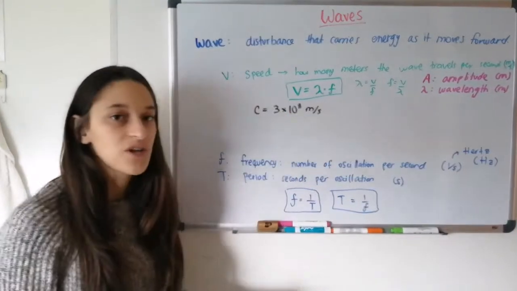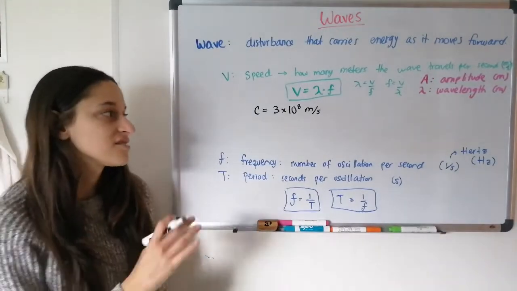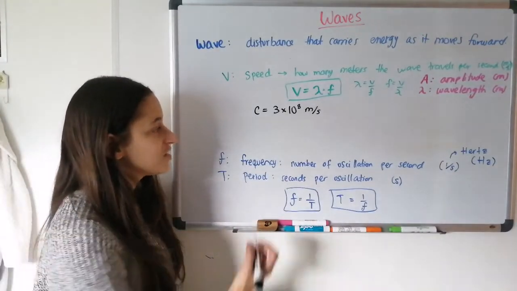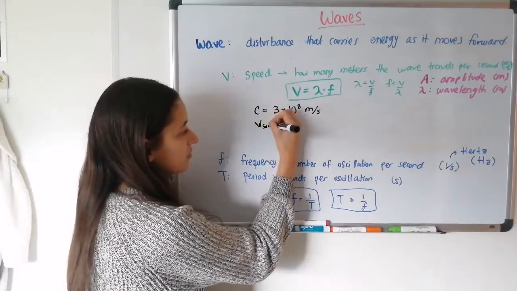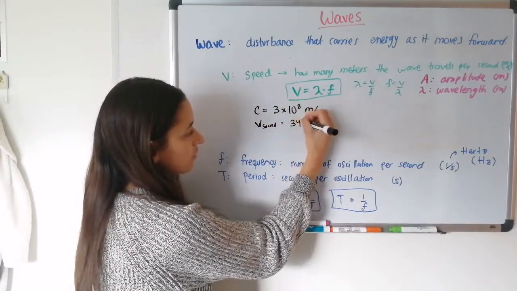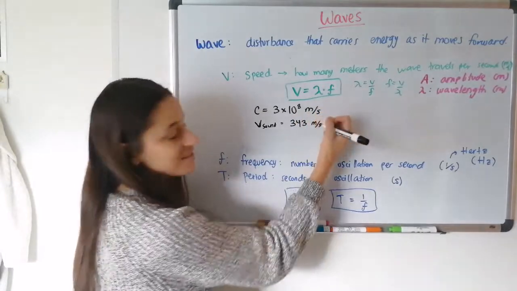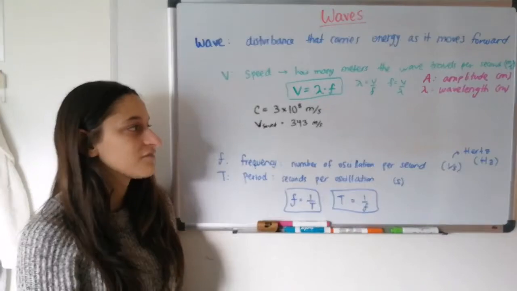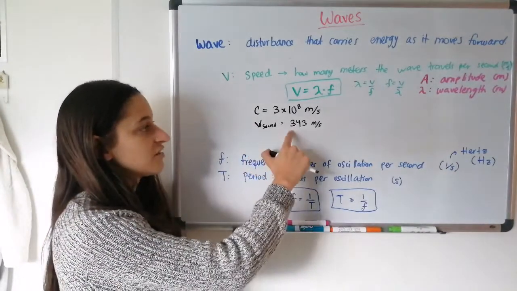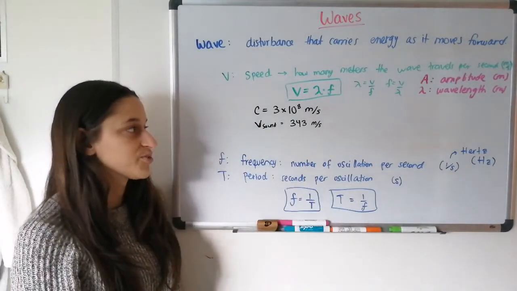Maybe you've heard it as 300,000 kilometers per second. It's the same thing. And the speed of sound is also a pretty common value. Speed of sound is 343 meters per second when sound is traveling in air. If it travels in water or something else, it's going to have a different speed. But this is the speed of sound in air, 343 meters per second.